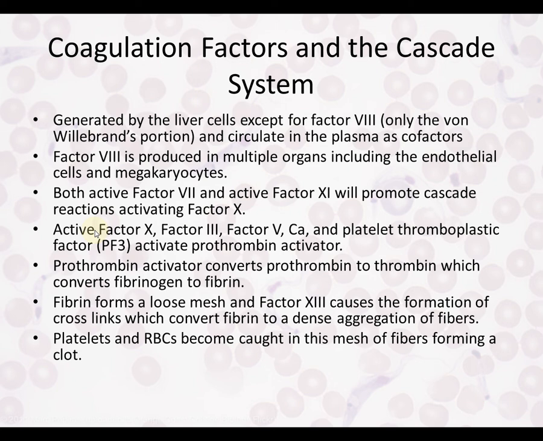Fibrin initially forms a loose mesh, but then factor 13 causes the formation of covalent cross links, which converts fibrin to a dense aggregation of fibers. The platelets and the red blood cells become caught in this mesh of fibers, thus forming the blood clot.